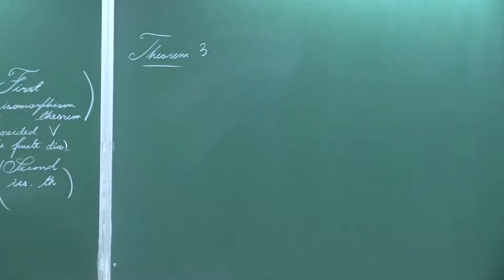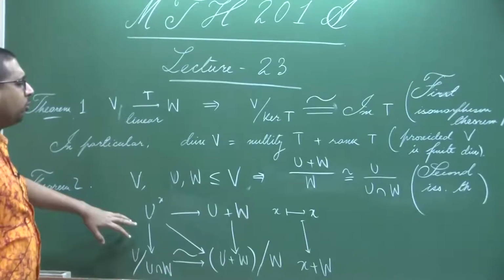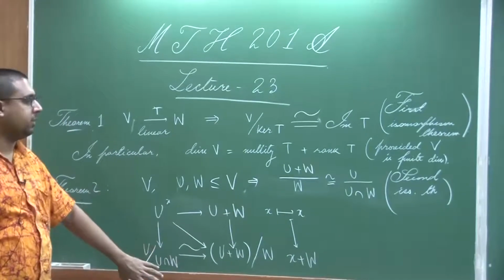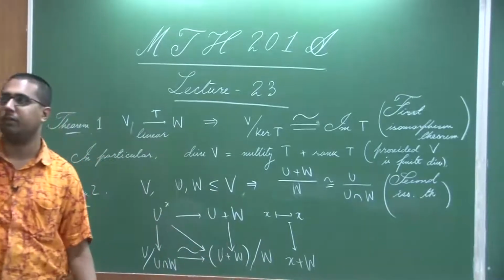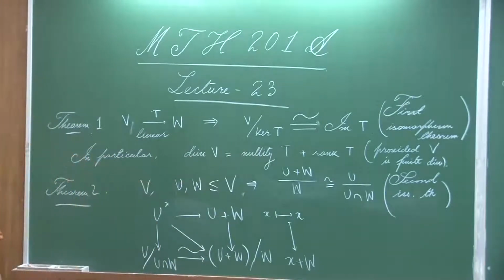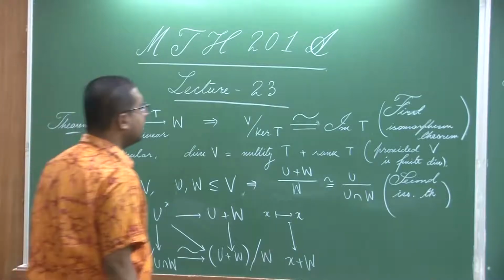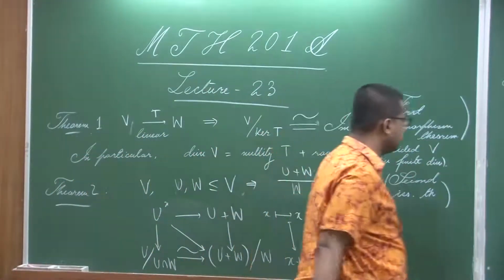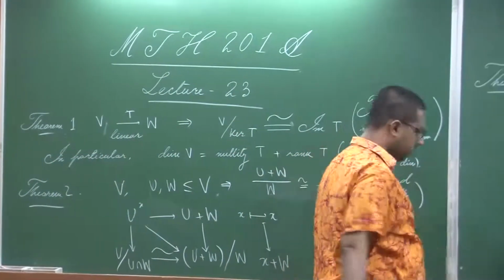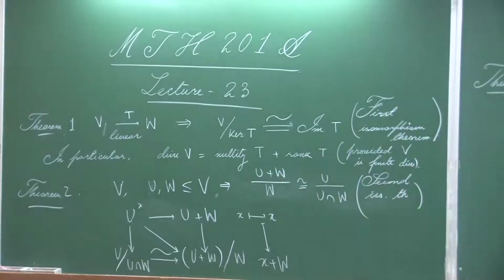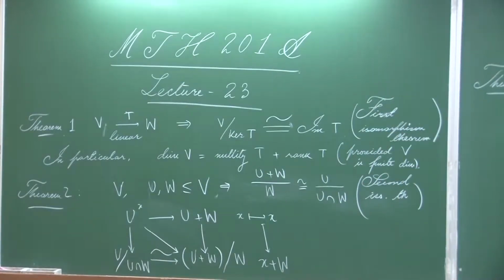You see the second isomorphism theorem, though it is called an isomorphism theorem, is actually proved using the first isomorphism theorem. We are going to say the same for the third isomorphism theorem as well. Hence, the first isomorphism theorem is also usually called the fundamental theorem of linear transformation.